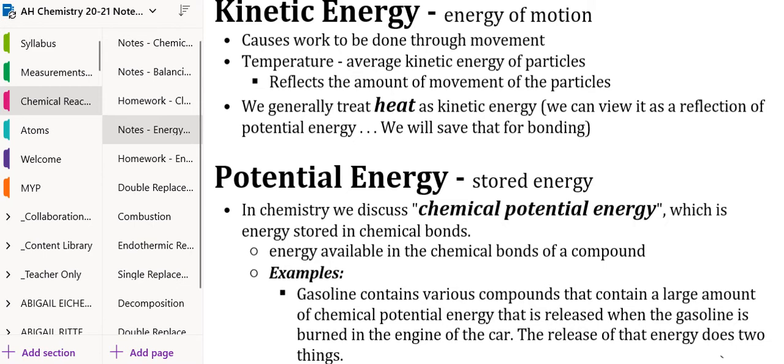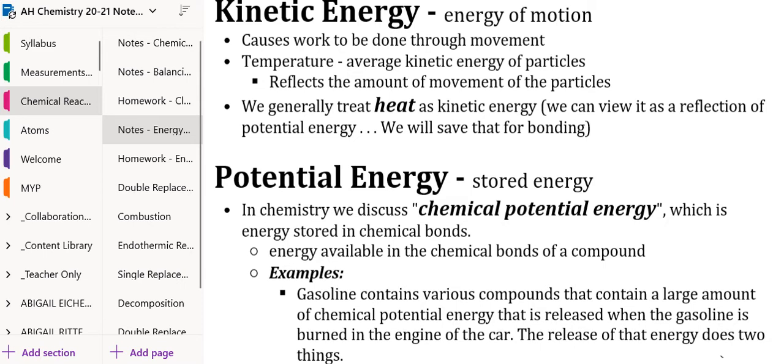Is it important to us that gasoline contains those high potential energy particles? Yes, that's why we have cars that drive. Many things use gasoline to run, and the energy stored in the bonds of the combusted gasoline is changed from chemical potential energy into what kind of energy?